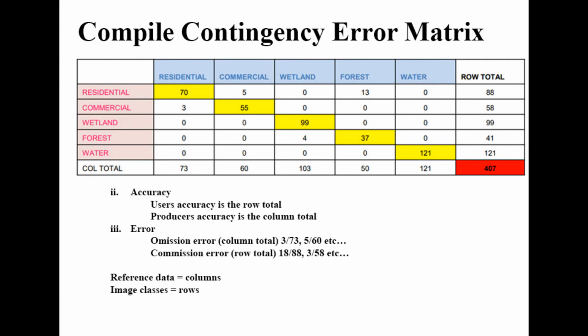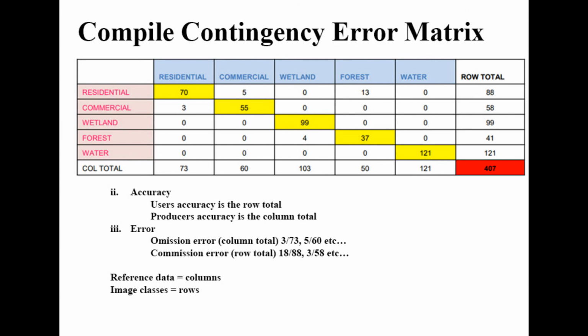So if I wanted to look at my omission error, how much data am I omitting that's supposed to be in that group? That's the column. So if I look at the residential group right here, my omission error is 3 of 73. Me being the producer, I have accidentally misrepresented 3 residential buildings as commercial.